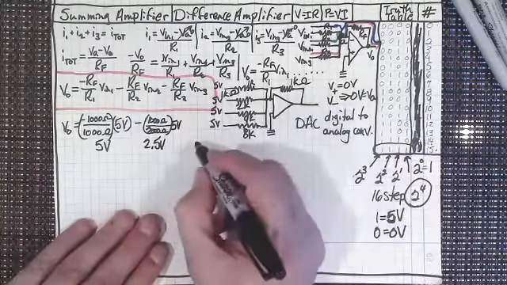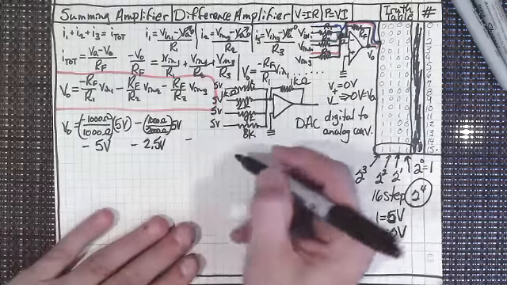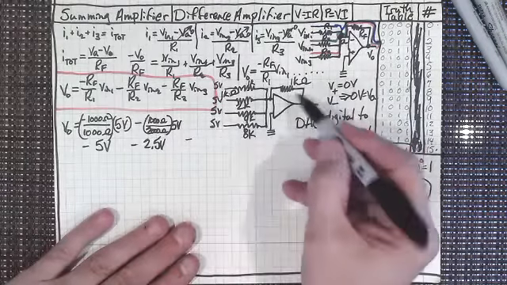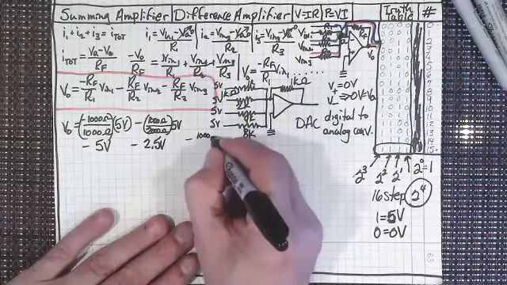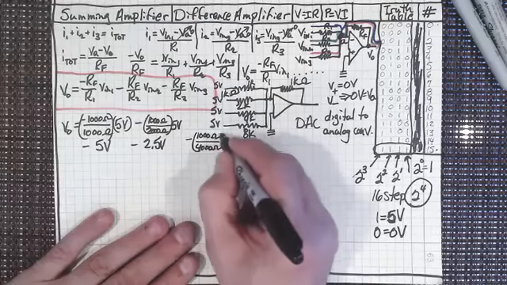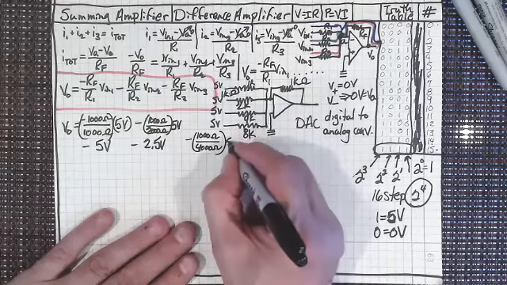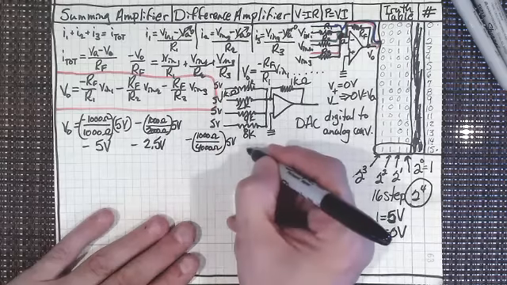Let's do the next one. These are minuses, of course. Now I've got 1 kilo ohm divided by 4 kilo ohms, so 1,000 ohms over 4,000 ohms times 5 volts. That's going to give me 1.25 volts.